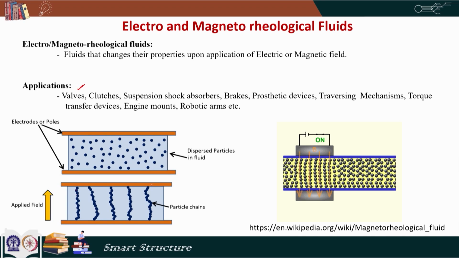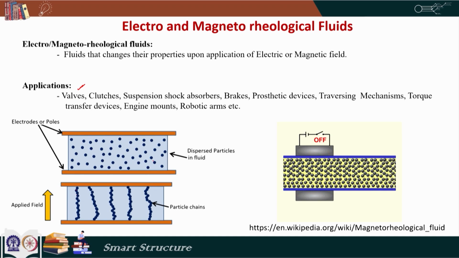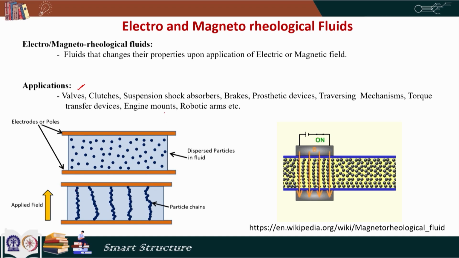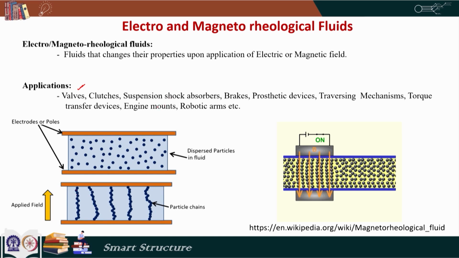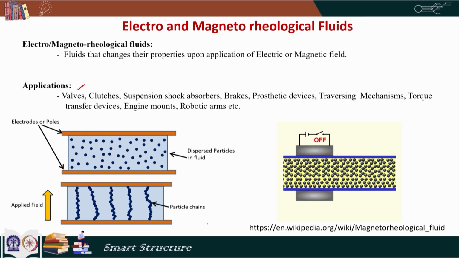Just by giving electrical or magnetic actuation, we can block the flow, and their viscosity makes them ideal for application in shock absorption problems, damping problems, and there are various other applications like brakes, prosthetic devices, torque transfer devices, and so on.